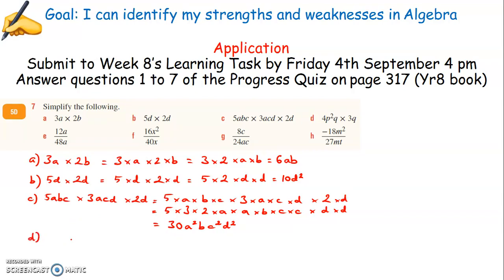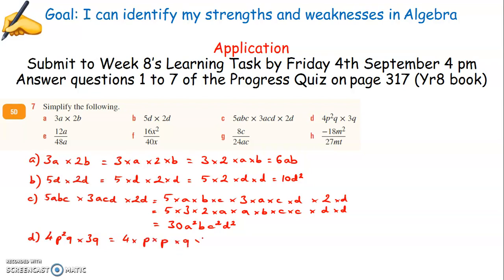Then we have d here. So we have 4p squared q times 3q. Okay, so here we have 4 times, now p squared is p times p, right?